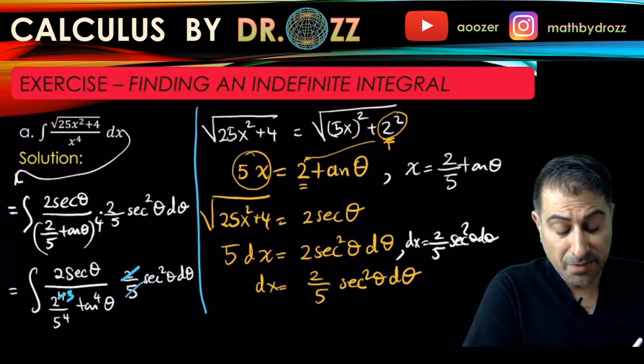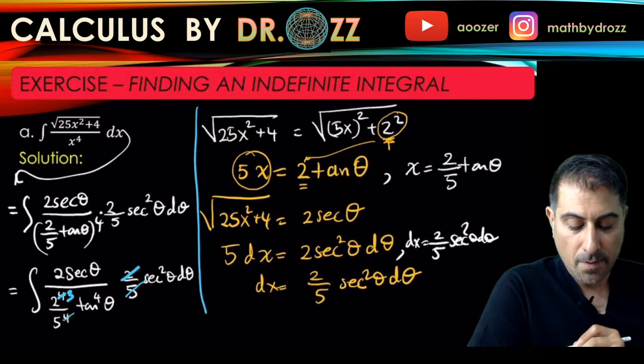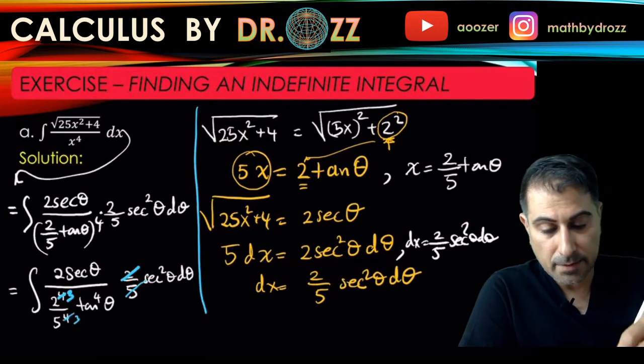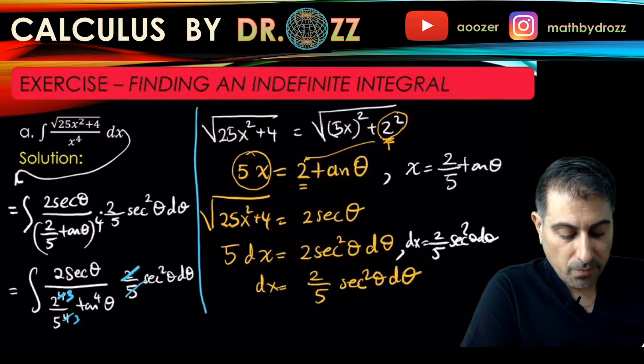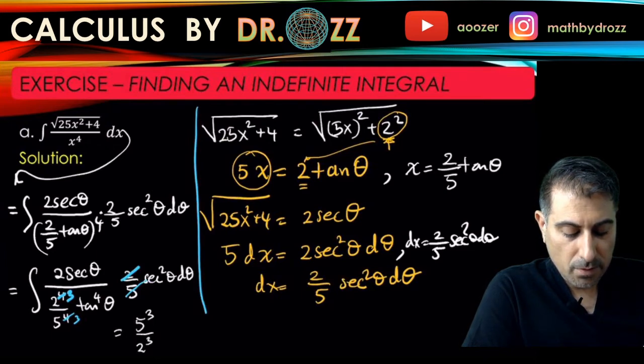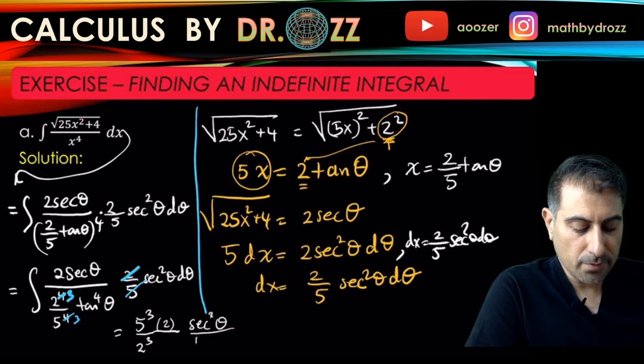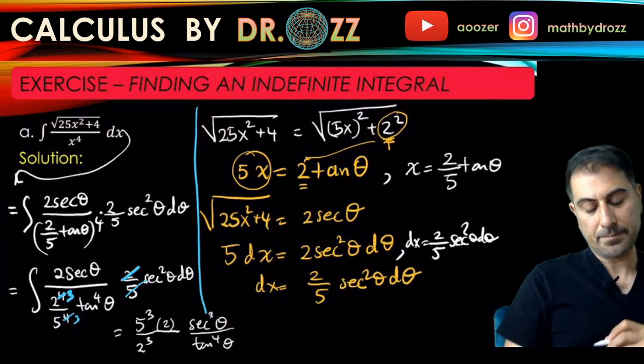And then I can flip that over. So 5 cubed over 2 cubed. This I still have 2 times here, times 2. Secant cubed theta divided by tan to the 4th theta d theta.